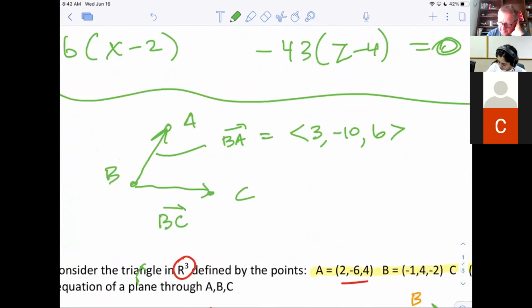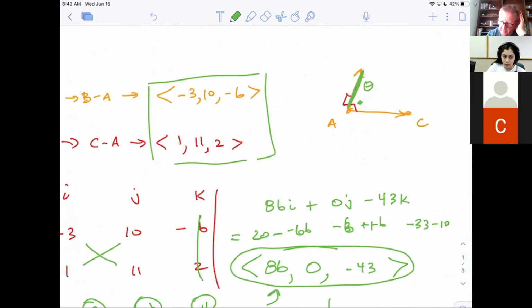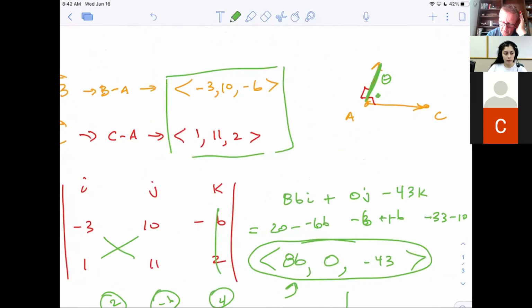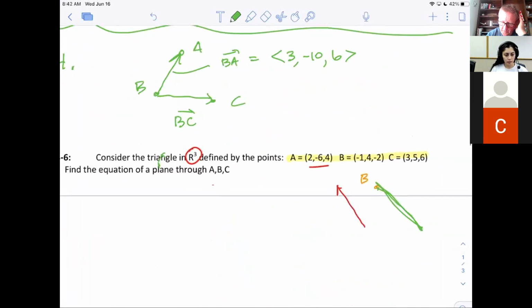And then B to C, I go C minus B. Is that the one we already did? No, it's most certainly not. So C minus B, 3 minus -1 is 4, and 5 minus 4 is 1, and 6 minus -2 is 8.